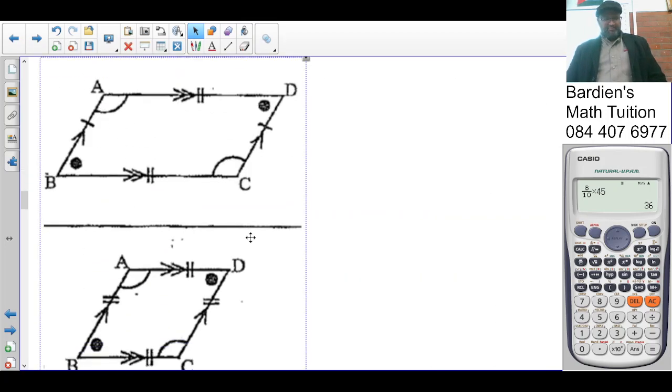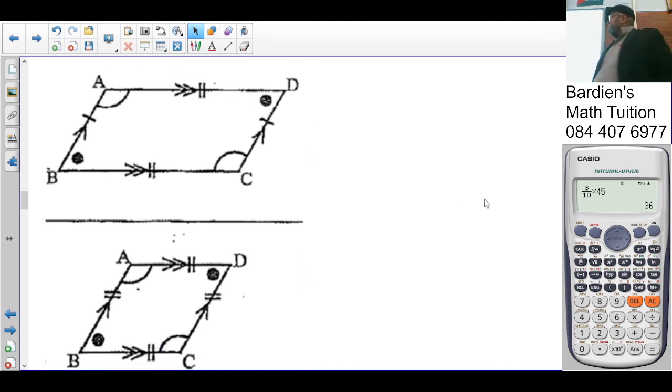Okay. So as you look here, the first shape is a parallelogram. In simple or layman's terms, a parallelogram is a rectangle that is tilted. A rectangle that is tilted, basically.